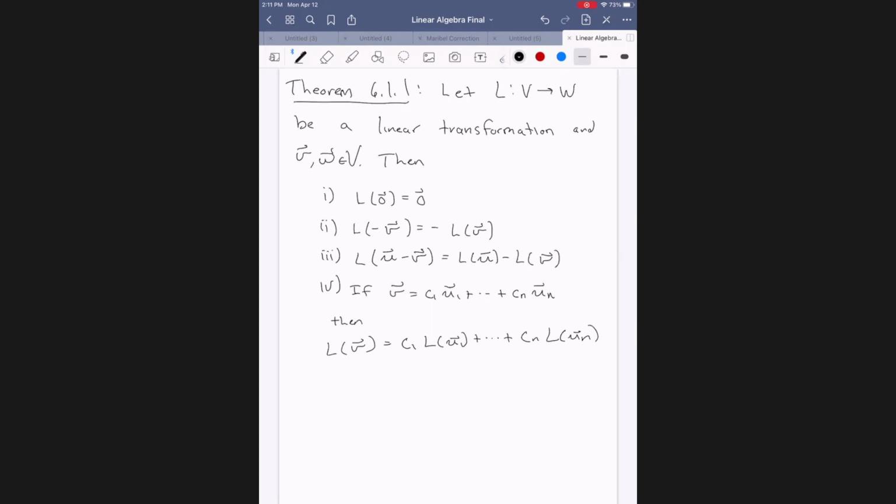Now before we get to some examples, I'm going to tell you this. You guys actually already know one type of linear transformation. Does anybody want to guess what that is? There's only so many things we talk about in this class. What is the only thing we've really talked about other than vector spaces?